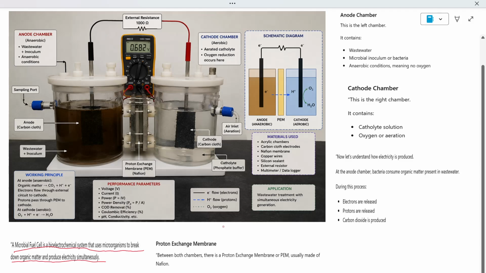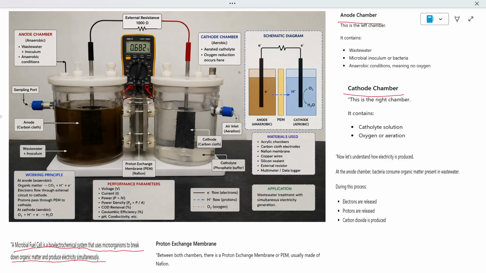Now I'm explaining this setup. The MFC consists of two chambers, an anode chamber and a cathode chamber. The anode chamber is basically the left chamber.